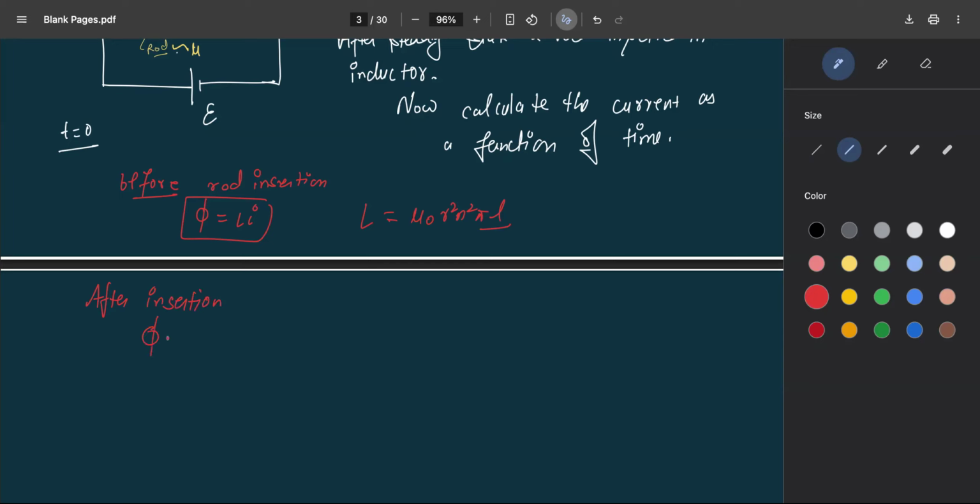It means flux will remain the same. Assume the new self-inductance is L dash and current is I dash. So you know both should be equal.